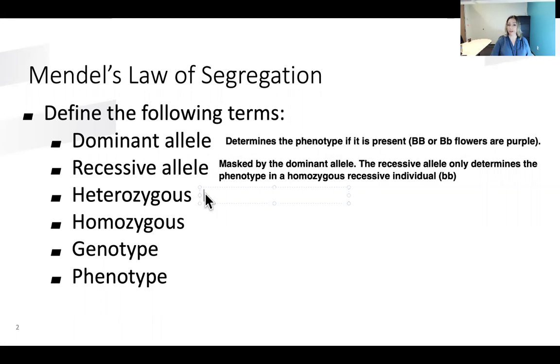Now, with heterozygous, you don't say dominant or recessive because you have a dominant allele and a recessive allele. So remember, heterozygous, hetero means different. So the individual has two different alleles for a gene. So big B, little b.